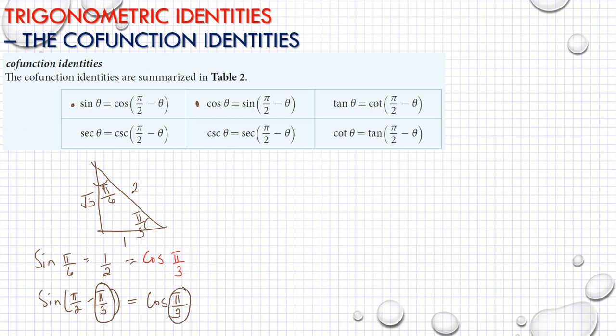A very brief explanation about cofunction, but the thing that I want you to understand is that sine and cosine are cofunctions, tangent and cotangent are cofunctions, and secant and cosecant are cofunctions.